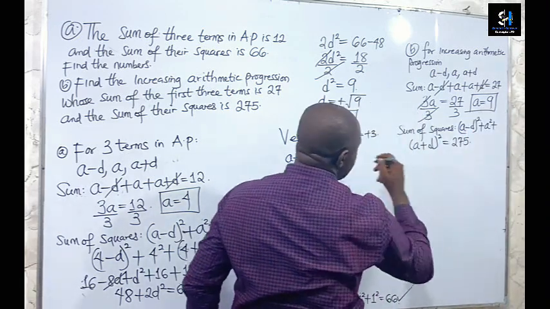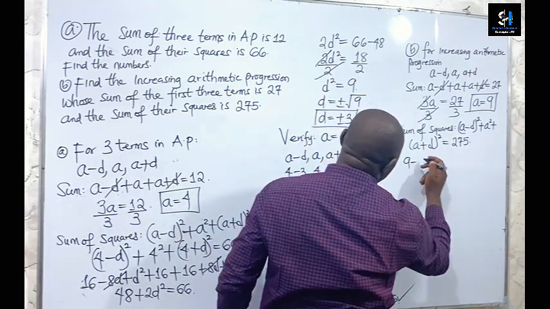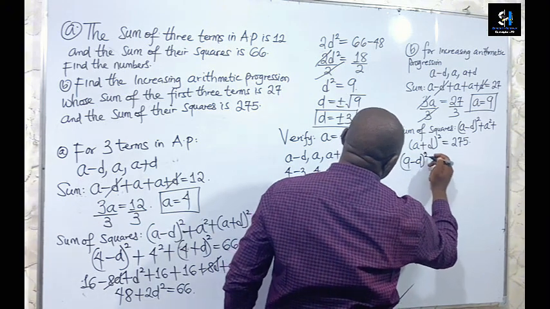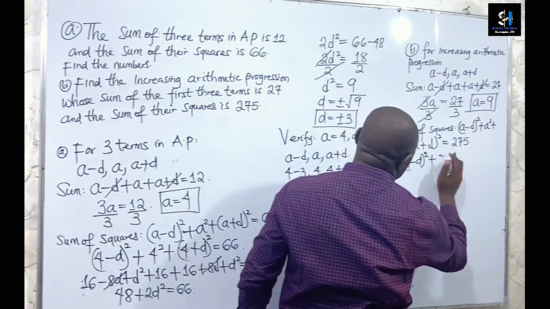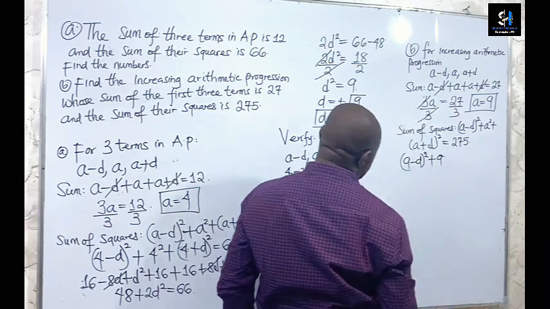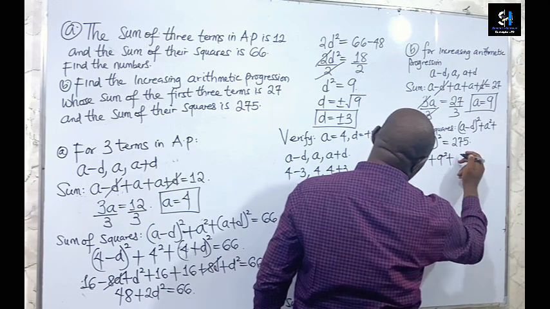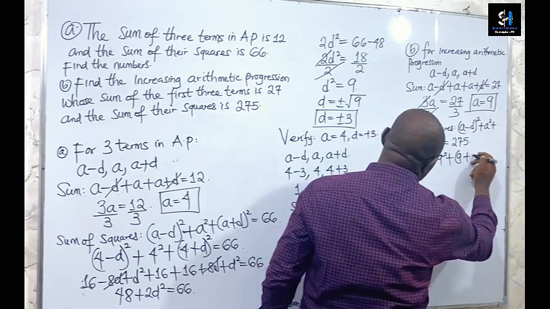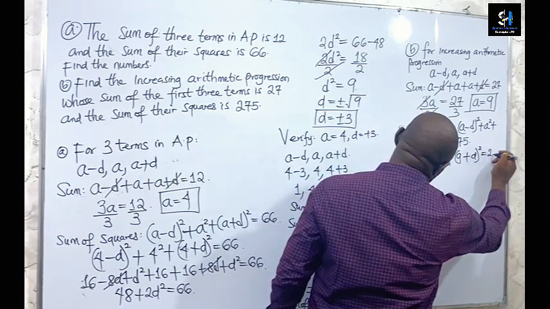Now we have the value of a to be 9, so this will be (9 minus d) raised to the power of 2, plus 9 raised to the power of 2, plus (9 plus d) raised to the power of 2, equals 275.